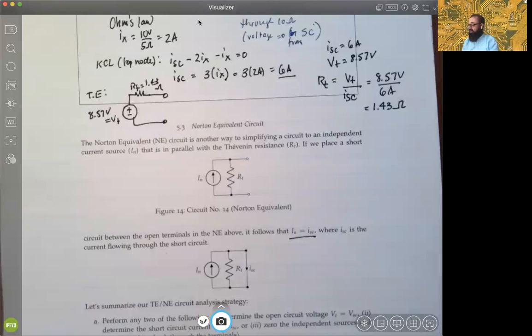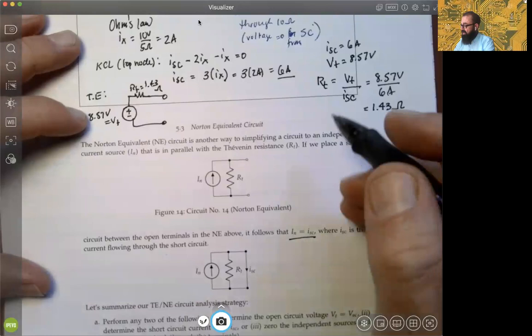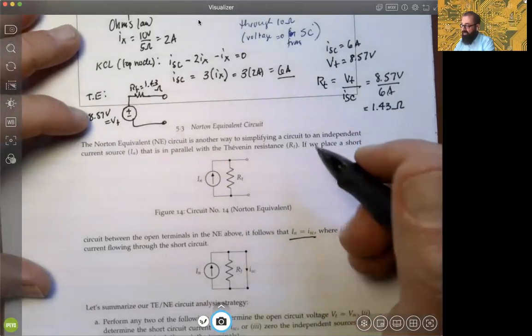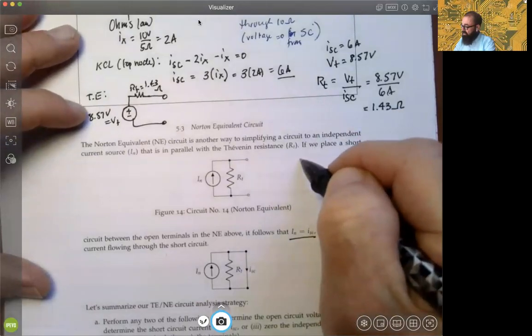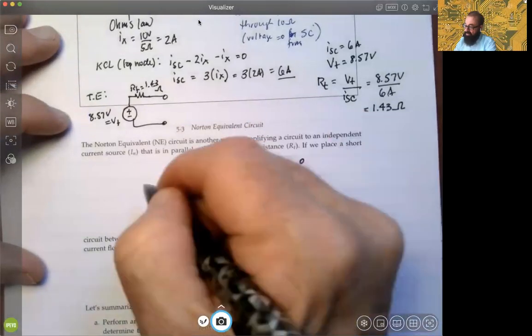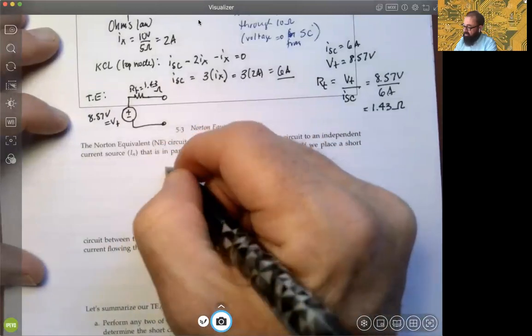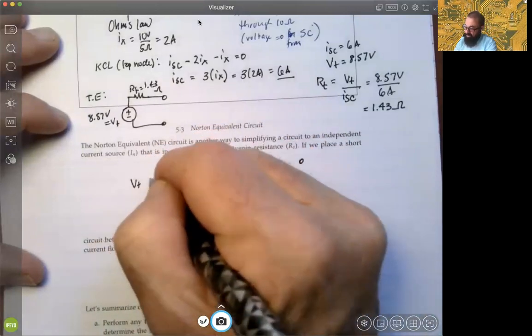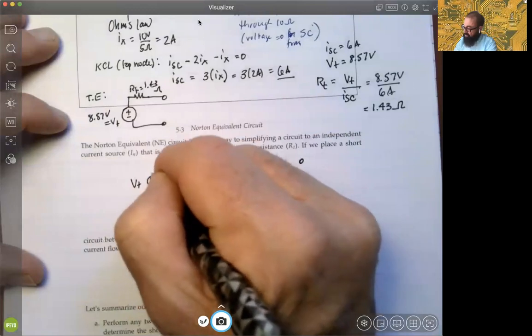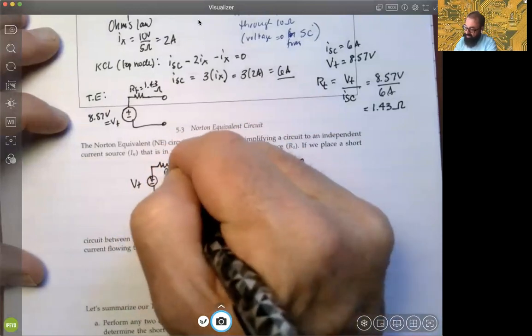All right? So one other thing I want to point out is some orientation issues. Just to be clear, this Norton equivalent here is matching up to this corresponding Thévenin equivalent. That's RT there.